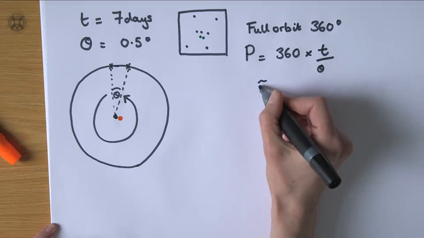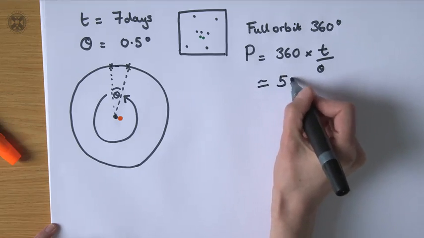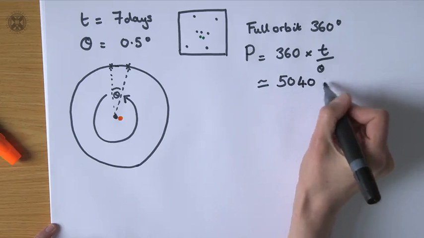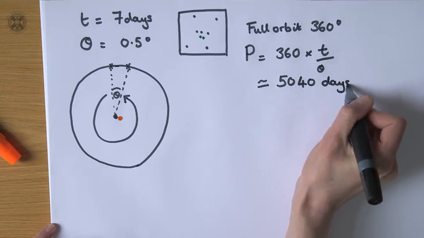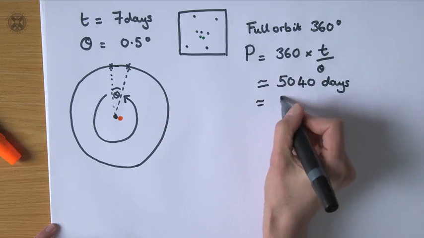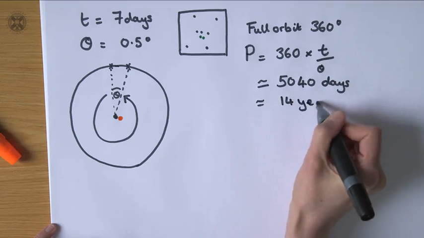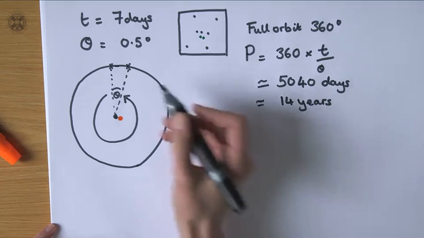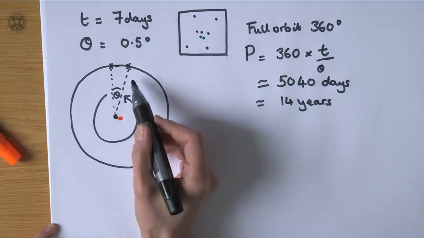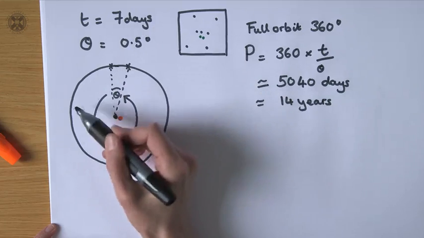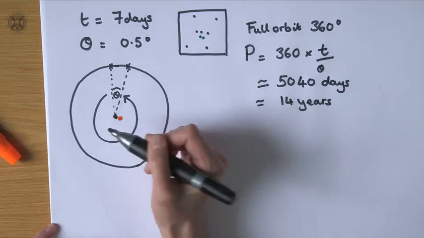Now if you put in the numbers, that gives you 5,040 days, which is 14 years. Okay, so our asteroid that we've tracked is going to take 14 years to orbit the Earth in our model that it's orbiting in a perfect circle.